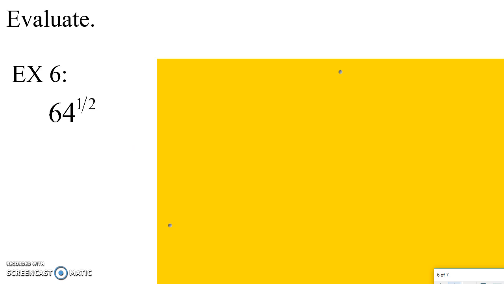Alright, now I'm going to evaluate. So this means I'm trying to get a number for my answer here. So evaluate, you're looking for a number. You're not just rewriting it or changing forms. So 64 to the 1/2, and you can type that in your calculator if you want.